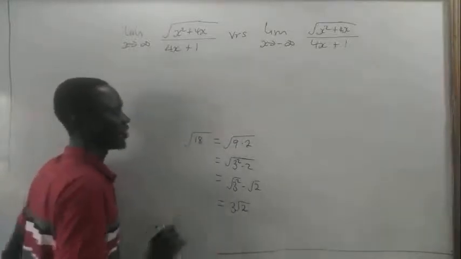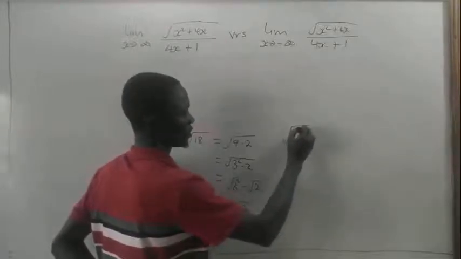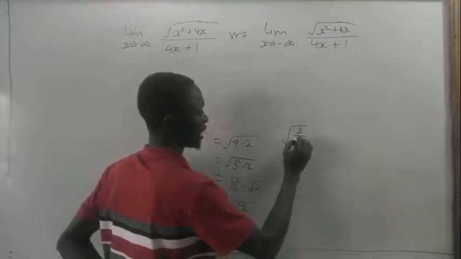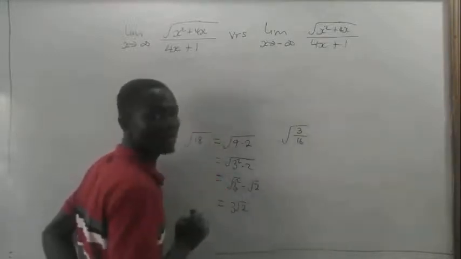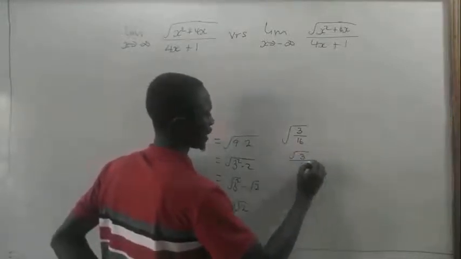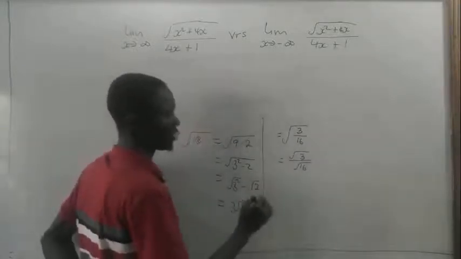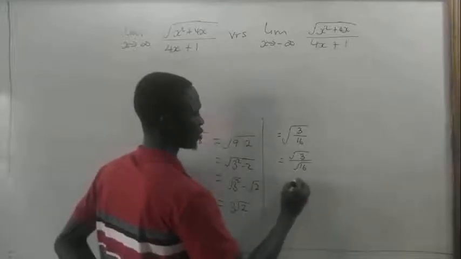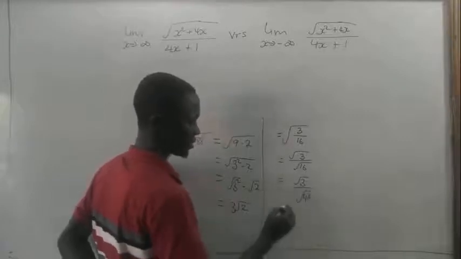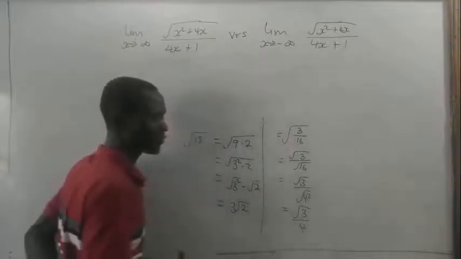Wow. Now, if I have, let's say, the square root of 3 divided by 16, this is the same as the square root of 3 divided by the square root of 16, which is the same as the square root of 3 divided by the square root of 4 squared, which is the same as the square root of 3 on 4.